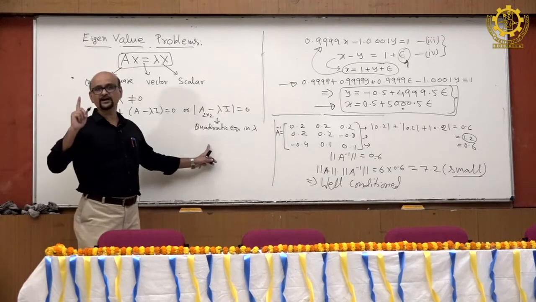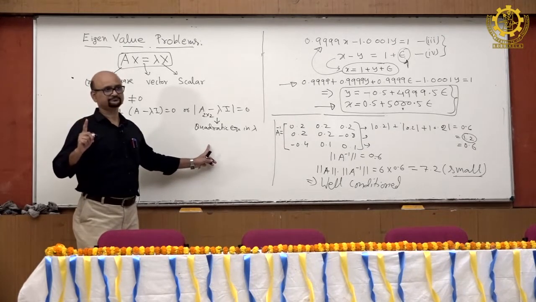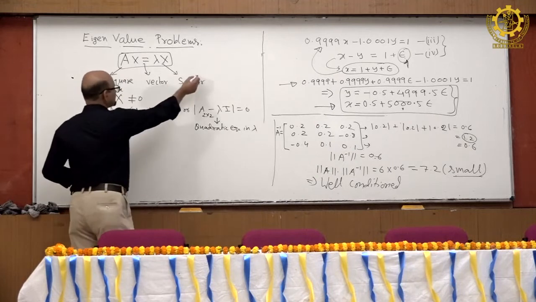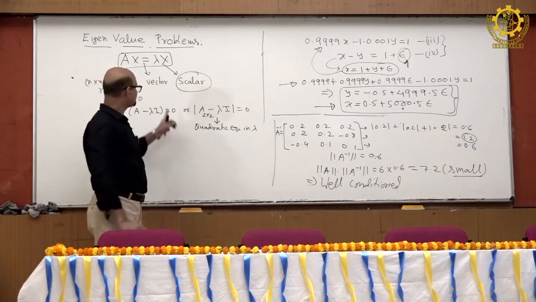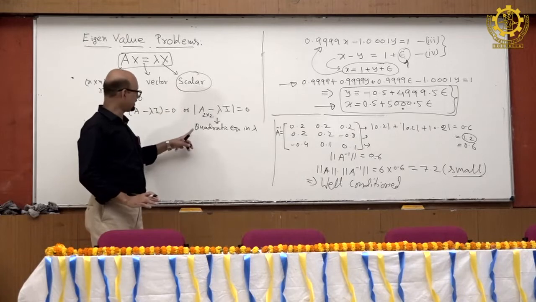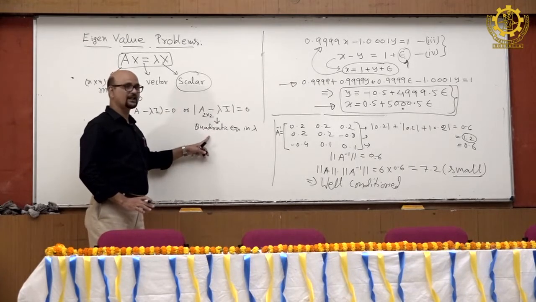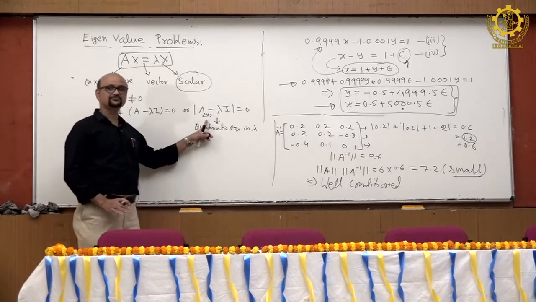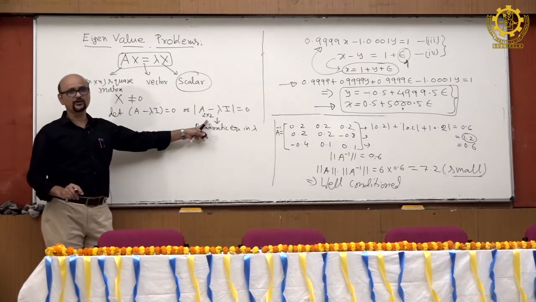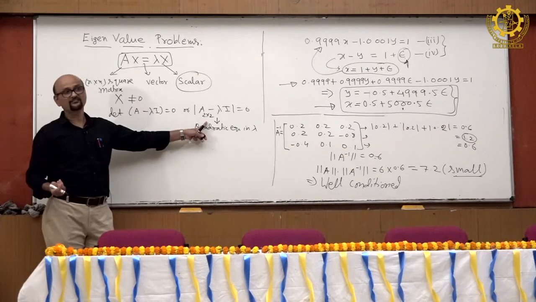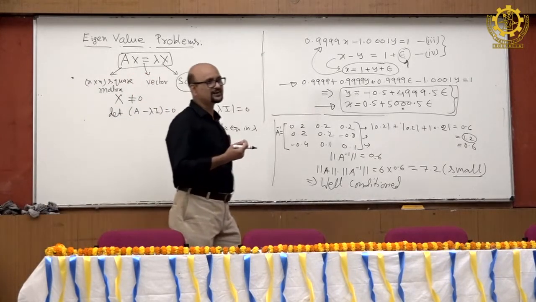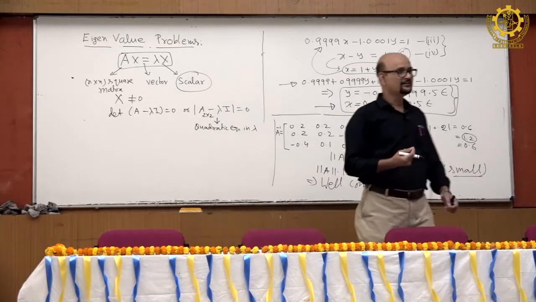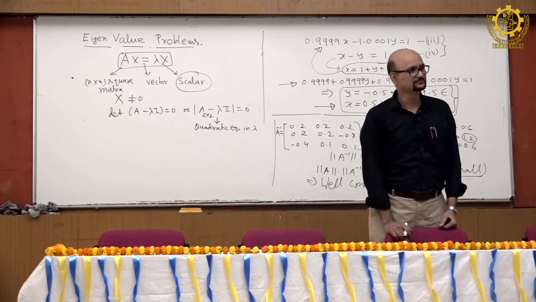Remember, our aim is to find lambda and x both, but in general lambda first, then x. So it is a quadratic equation for a 2 by 2 system, cubic for 3 by 3, degree 4 for 4 by 4. If I have 100 by 100, I have a 100 degree equation, and you need to solve that 100 degree polynomial and find the values of lambda.